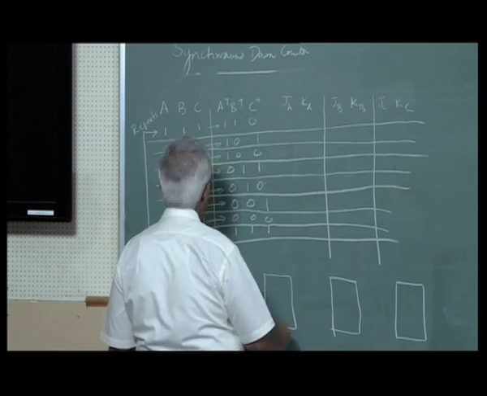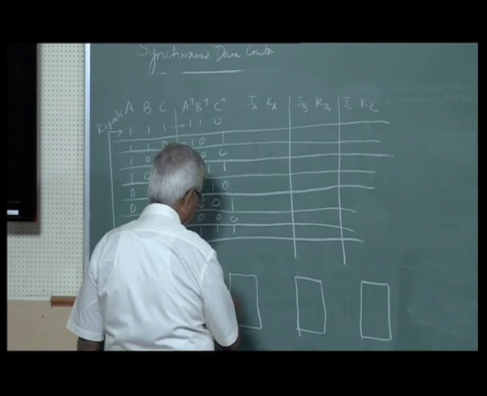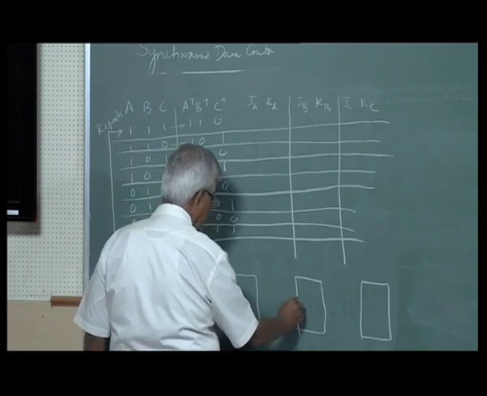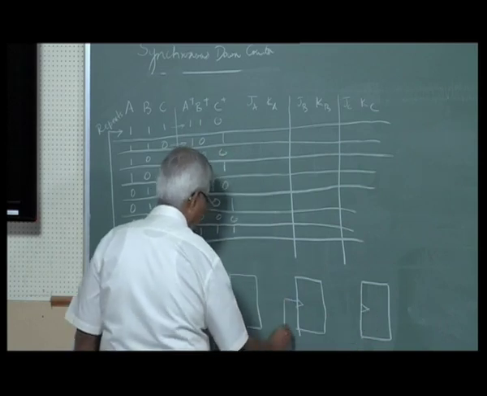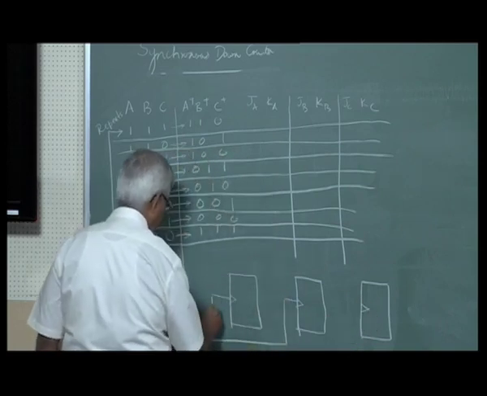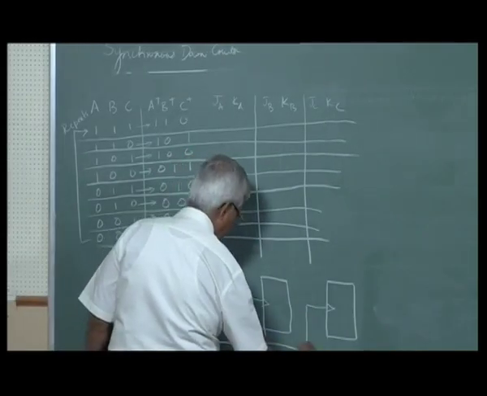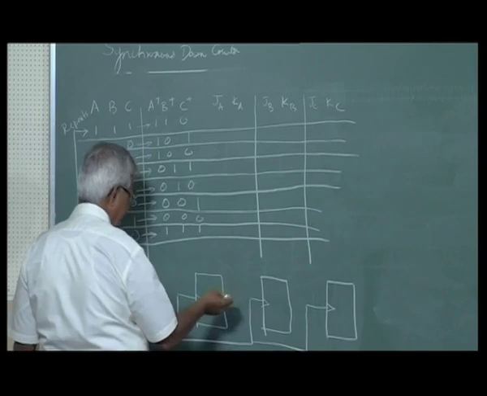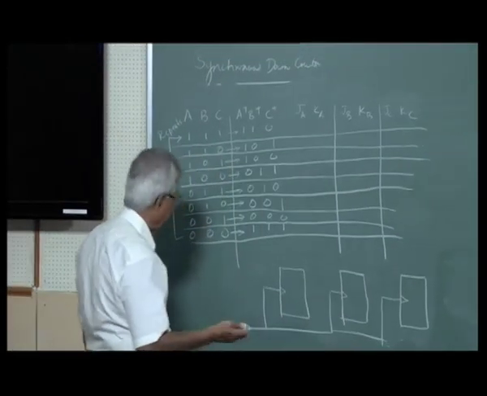The clock is applied for all the flip flops at the same time. Let us call this ABC, does not matter, you can call this A, this B, this C, whatever you want to call.